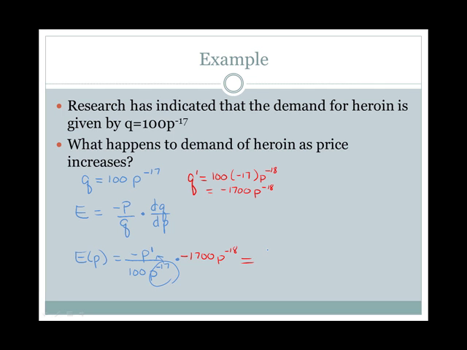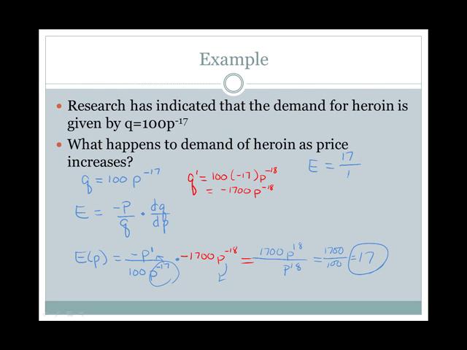So on top I have a negative times a negative there, so I have 1700. On top I have P to the 18th, and I can move this guy down, P to the 18th, so I get that my elasticity is 1700 over 100, which is 17.